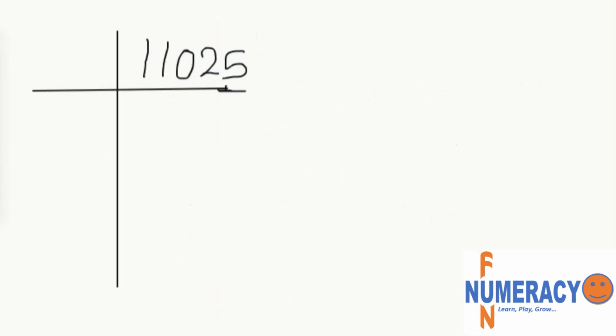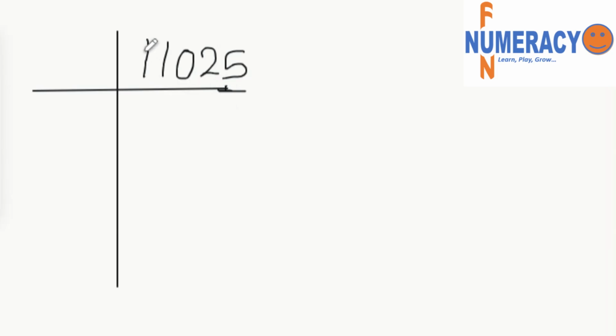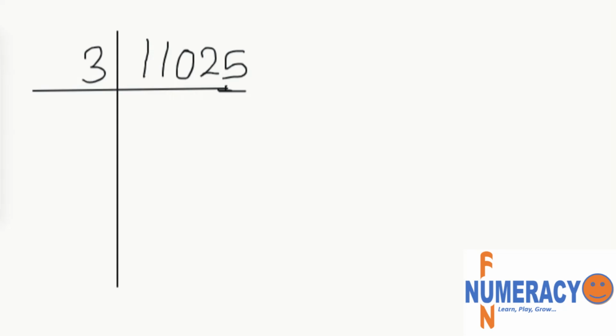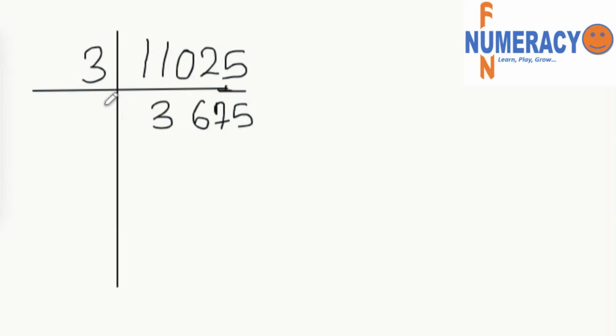So look at this number, 11,025. So divide with the next one. This is divisible by 3, which will give us 3,675. Now the next one, we have a 3 because it's divisible by 3 again, which will give us 1,225.